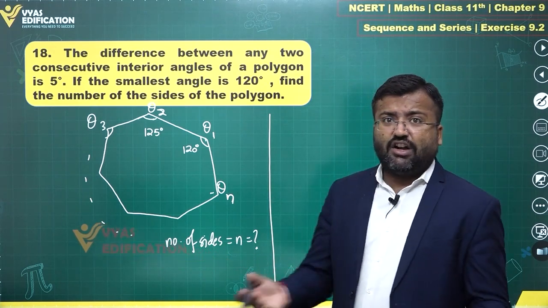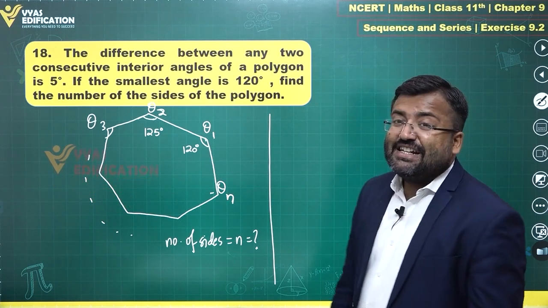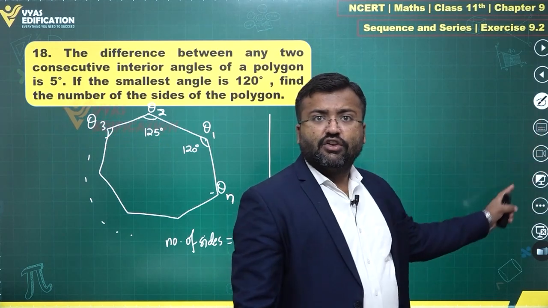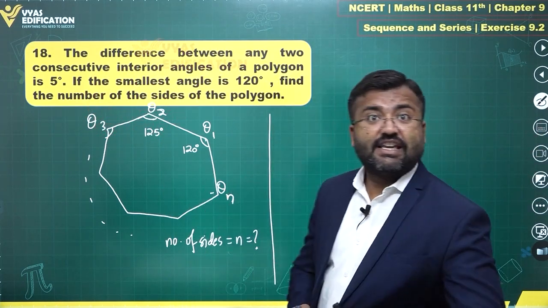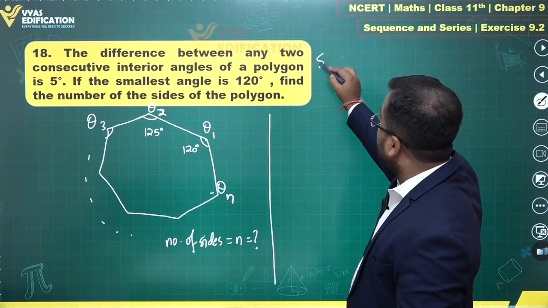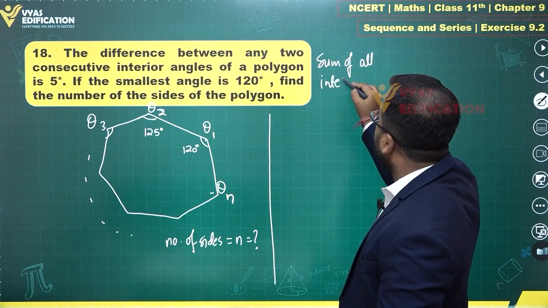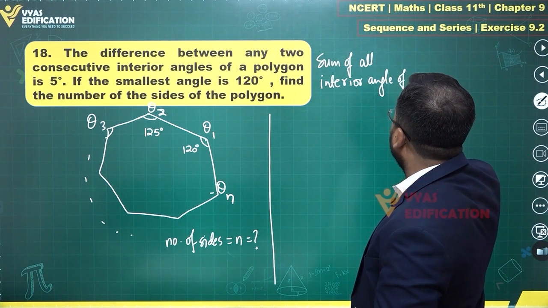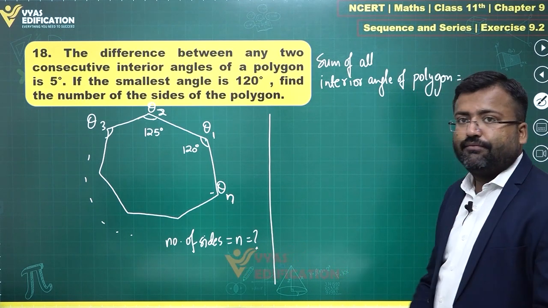Let's read the question again. We are not missing anything as such. But since it is a polygon, do we know the sum of interior angles from somewhere else? Not from arithmetic progression, but some other concepts. Yes, yes, yes, yes. Sum of all interior angles of polygon is equal to what?